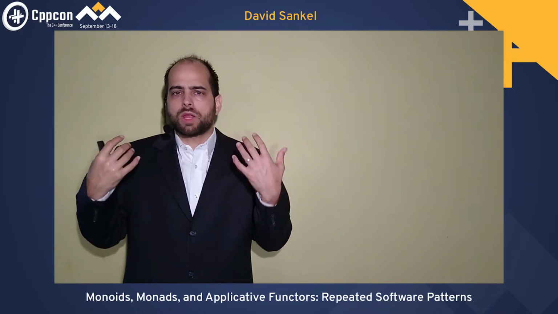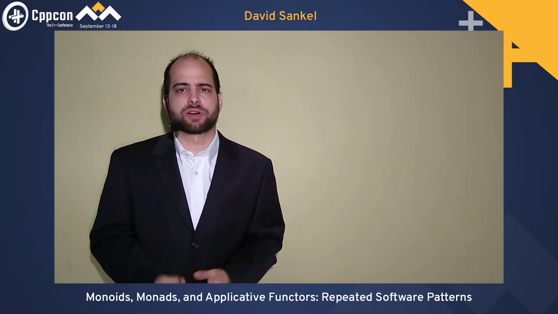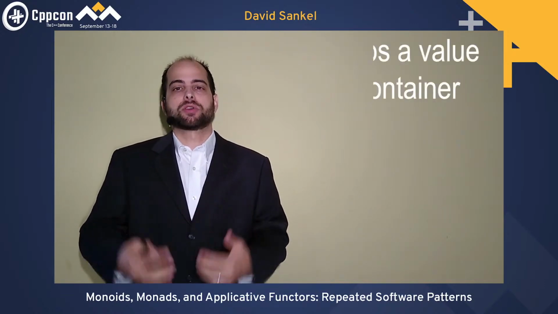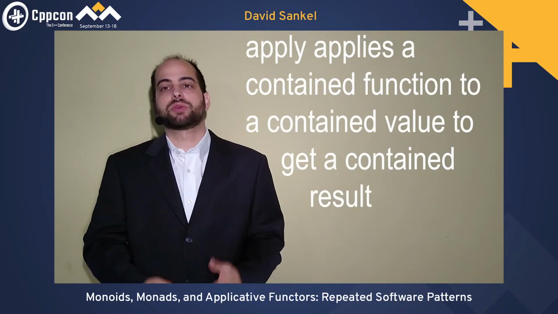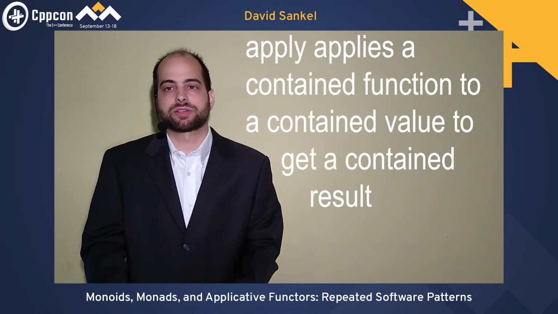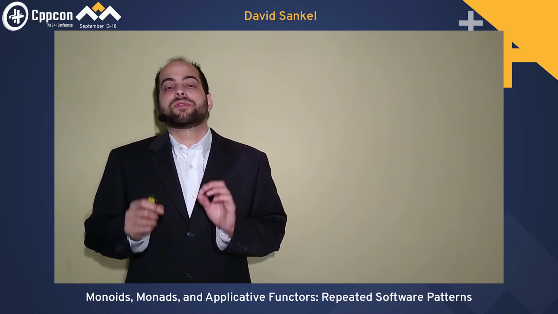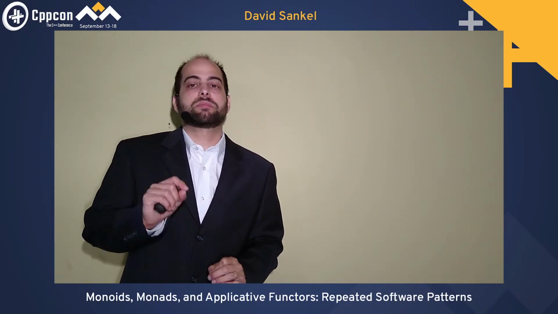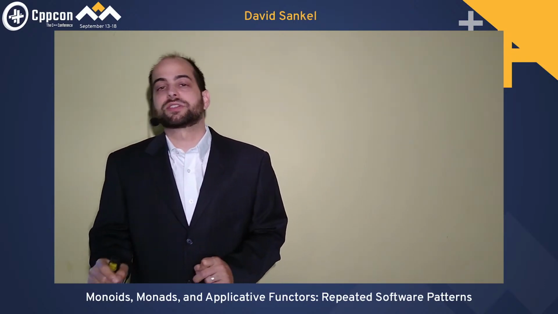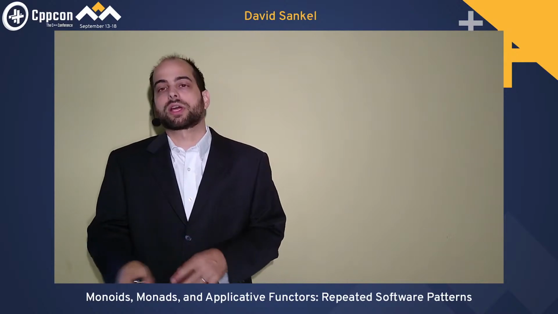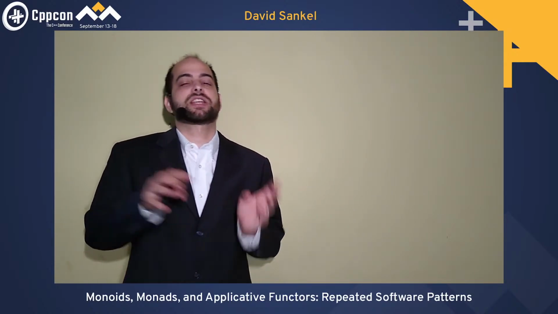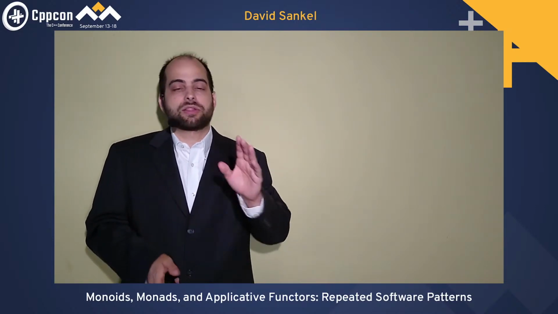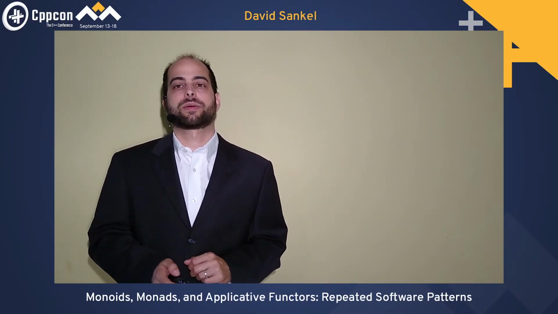The intuition behind applicative functors, as I mentioned, is that pure wraps a value into a container, and apply applies the contained function to a contained value to get a contained result. And apply can be extended to n-argument functions by doing some additional work. You can base an n-argument apply on a single argument apply. I'll let you think about that as an exercise.